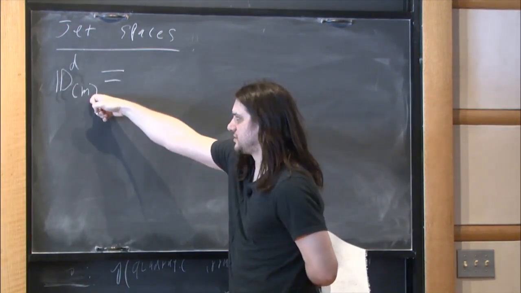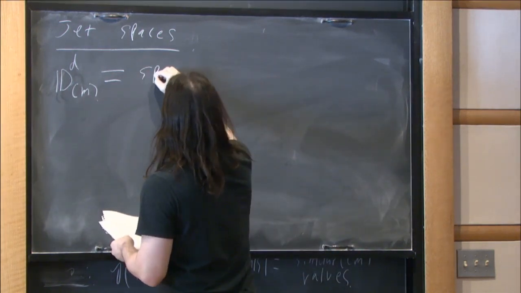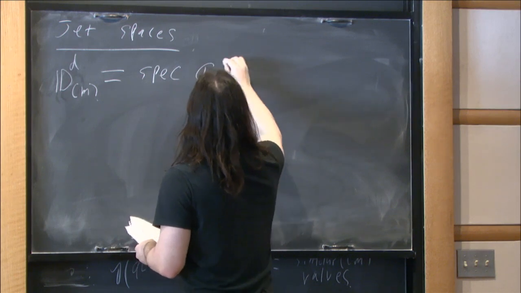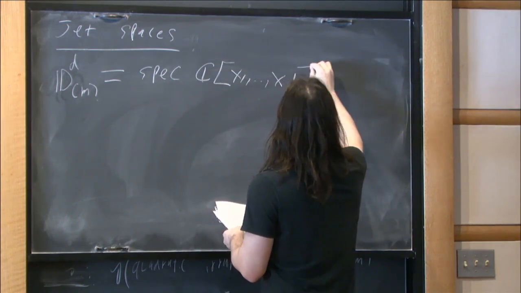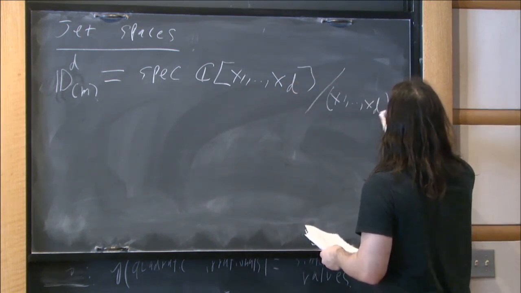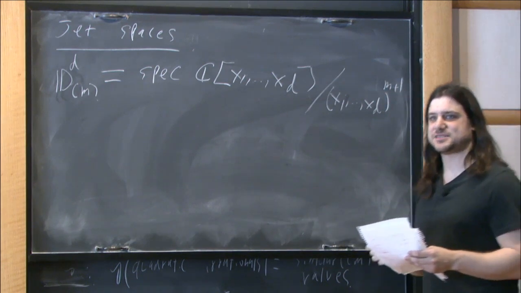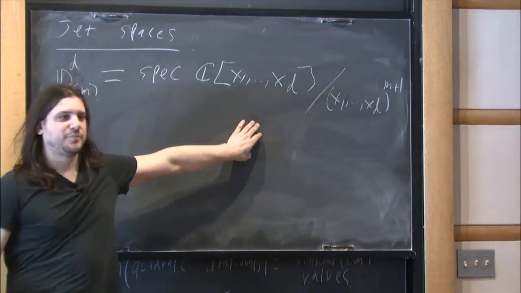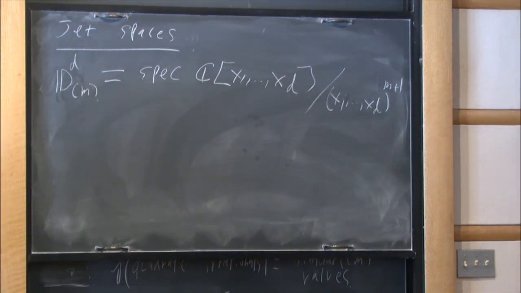So define this analytic or algebraic scheme. I'm going to write it to be Spec of C adjoin D variables, and you mod out by the maximal ideal to the power m plus 1. So this is a single point, but with infinitesimal structure up to order m, is how you think about it.